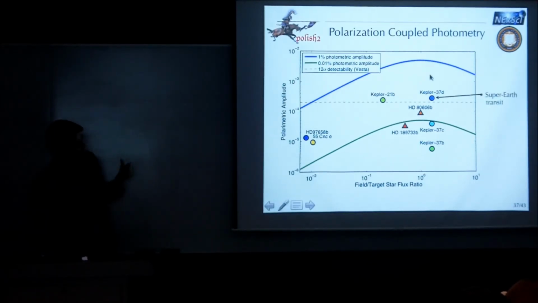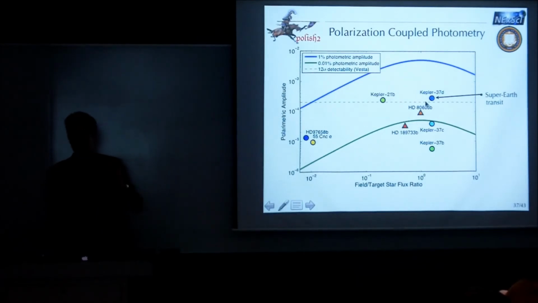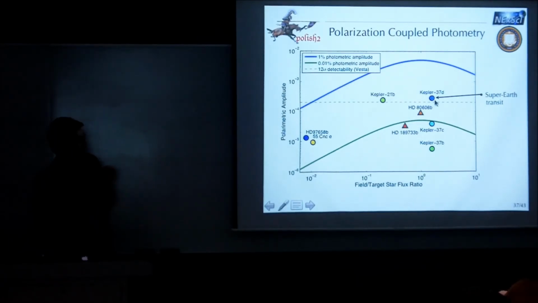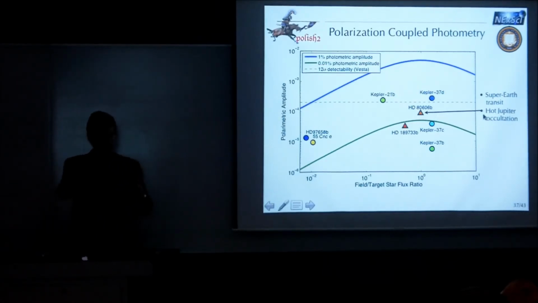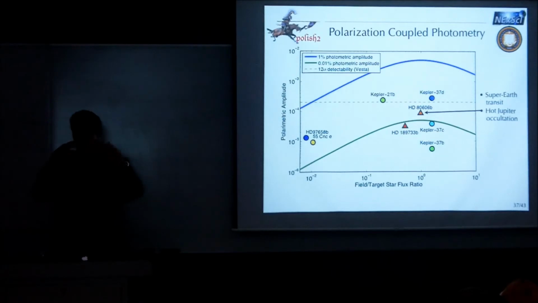So each of these circled data points represents the expected polarization amplitude through this wacky technique that you would expect during the transit of the planet. And these triangles actually show that of order, the same signal should occur for Jupiter-mass planets in occultation, that is, in scattered light.